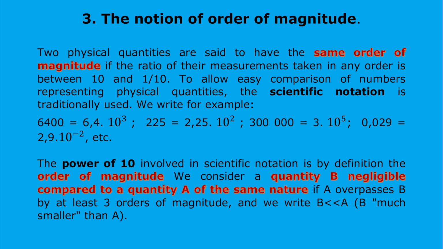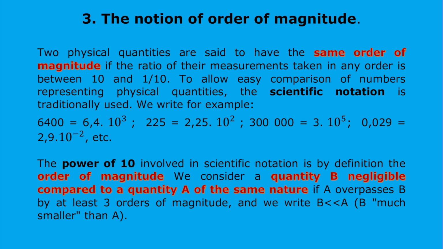And we write B much smaller than A. For example, the distance covered by light in 1 second exceeds the terrestrial radius by 2 orders of magnitude, the terrestrial diameter by only 1 order of magnitude, which may seem odd, since they are in a ratio of 2, and shows that this notion of order of magnitude is only interesting to express very large or very small ratios.